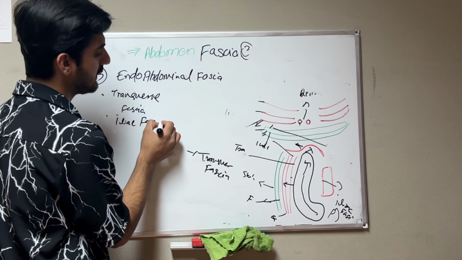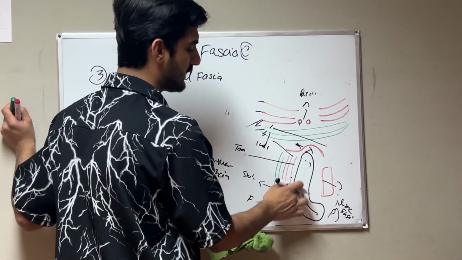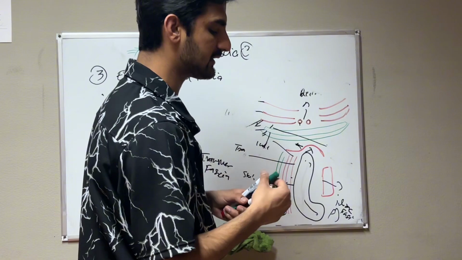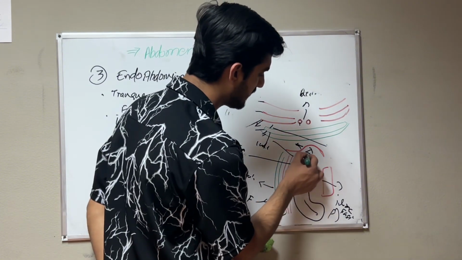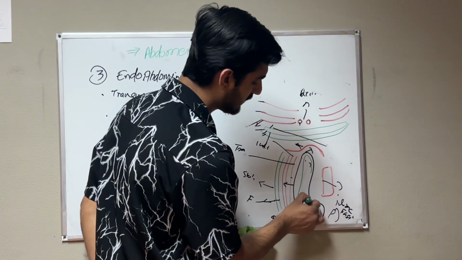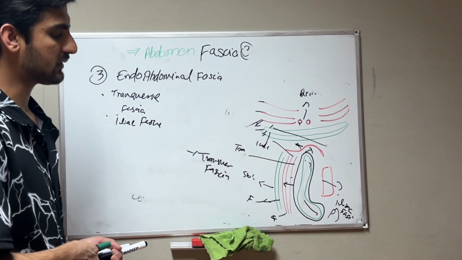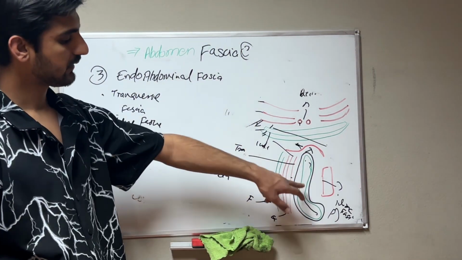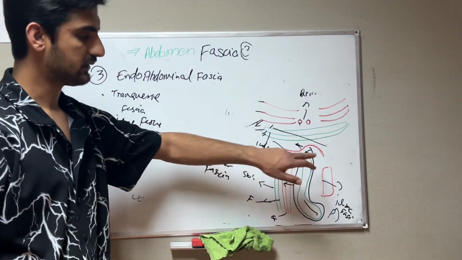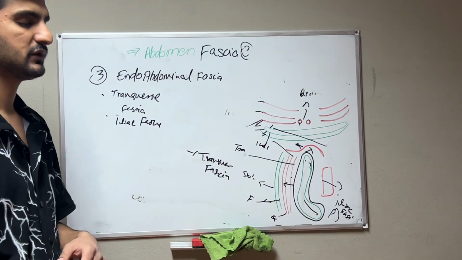Also, after the transverse fascia I will mention here we have the parietal peritoneum, and the parietal peritoneum covers the inner abdomen. These are the fascias which we discussed.